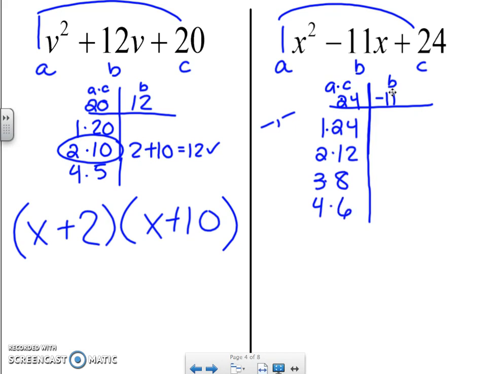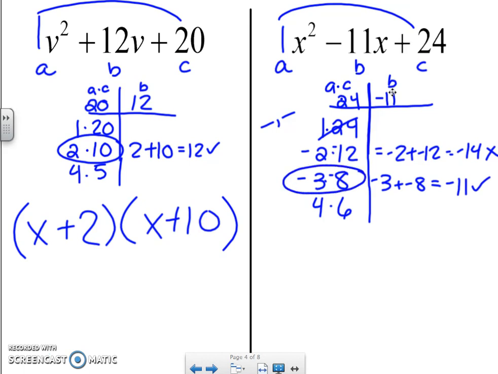So those are all my factors of 24. So now I need to make both of them negative and get an 11. I know that's not near 11, but these two are near 11. So negative 2 plus negative 12 is negative 14. So that did not work. Let's try these. Negative 3 plus negative 8, 8, 9, 10, 11. What would give me negative 11?